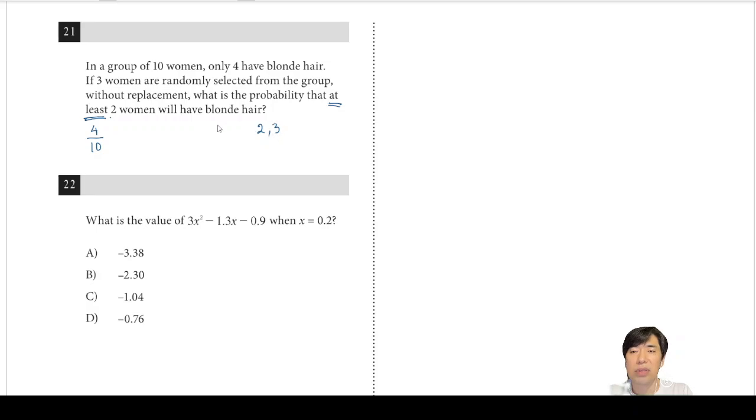The opposite case of that is 0 blonde hair only, or 1 blonde hair. Same thing, but let's use this. Okay, 1 minus probability of choosing 0 blonde hair minus probability of 1 blonde hair.